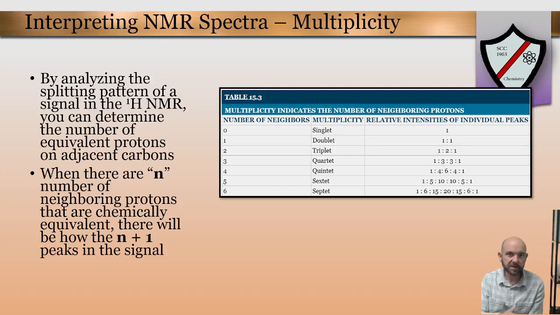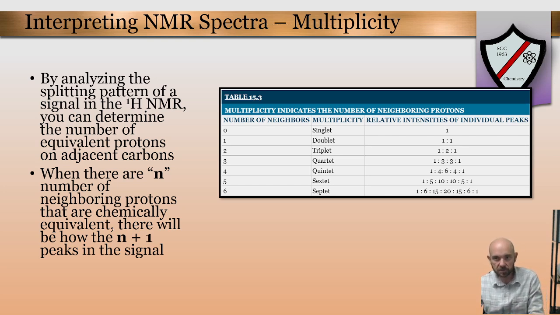So as I said on the previous slide, you can start to see a pattern arise from the number of neighbors to the splitting of the peak. The number of equivalent protons on adjacent carbons will split a signal into n plus 1 peaks, where n is the number of equivalent protons on adjacent carbons.